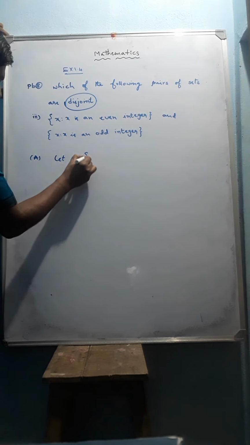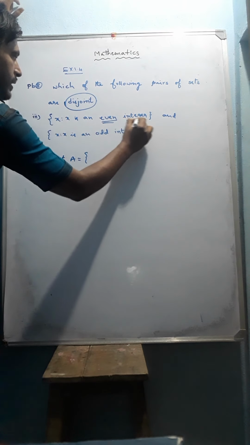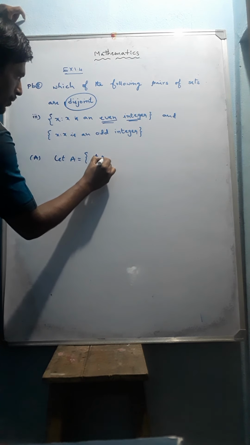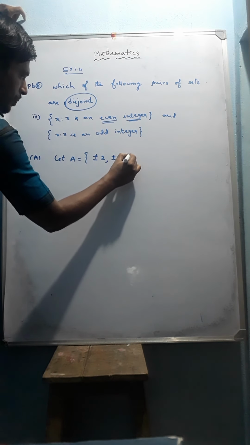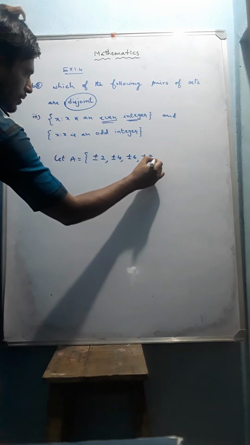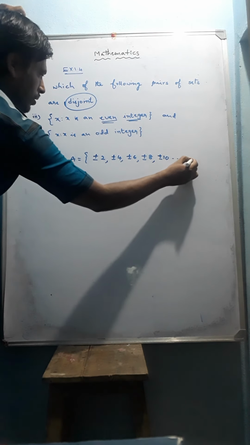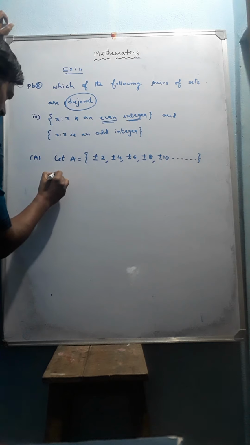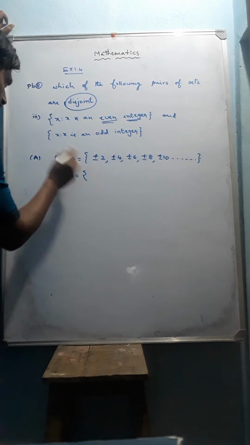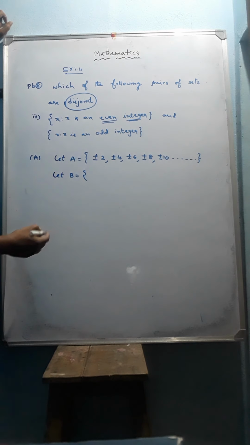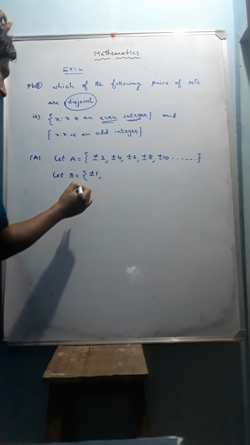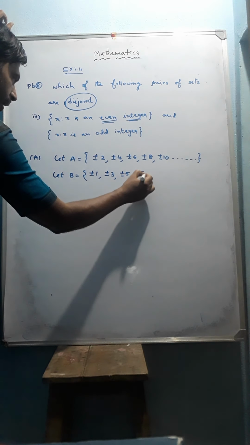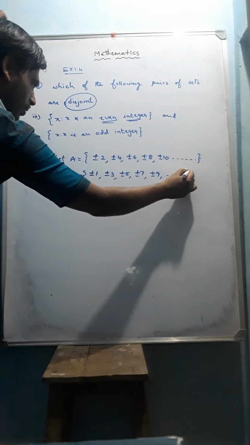Let a is equal to set of even integers. So integers means plus or minus will come. So plus or minus 2, plus or minus 4, plus or minus 6, plus or minus 8, plus or minus 10 and so on. These are the integers. Okay, next, let b set, you can assume second one. So x is an odd integer, so plus or minus 1, plus or minus 3, plus or minus 5, plus or minus 7, plus or minus 9 and so on.